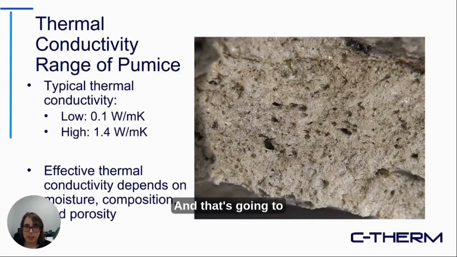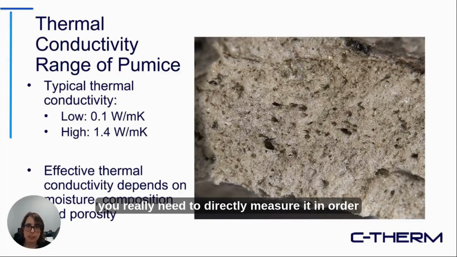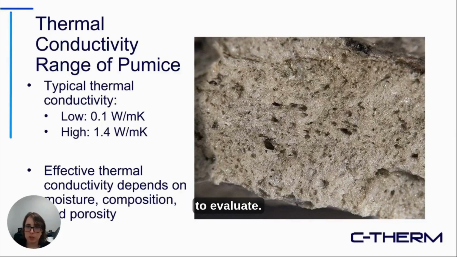And that's going to vary depending on the moisture content, the composition, and the porosity of the sample in particular. So, really, when you've got over a factor of 10 potential variation in this type of sample behavior, you really need to directly measure it in order to get an accurate number for evaluating whatever process you want to evaluate.